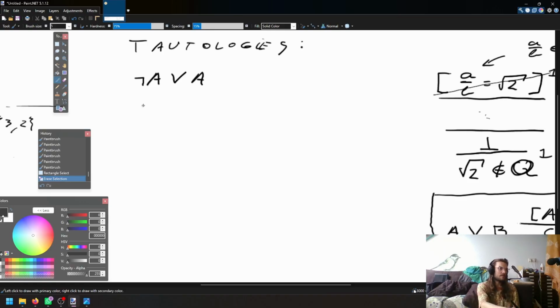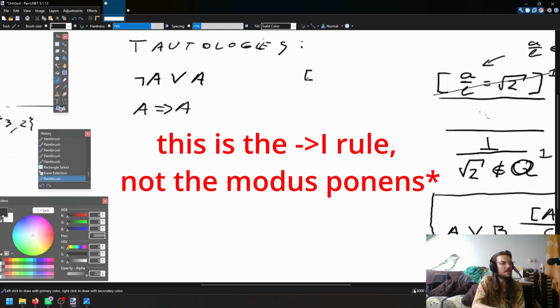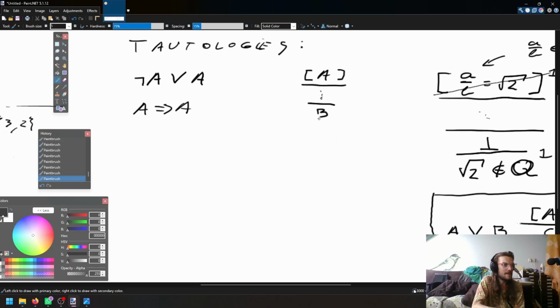Let's go with A implies A. This seems like a very stupid tautology. It just says if A is true, then A is true. The modus ponens actually says that if you assume A and you do some proving, you find out B, then you can say that A implies B, and you can remove the assumption. So we can use this to prove this tautology very easily.